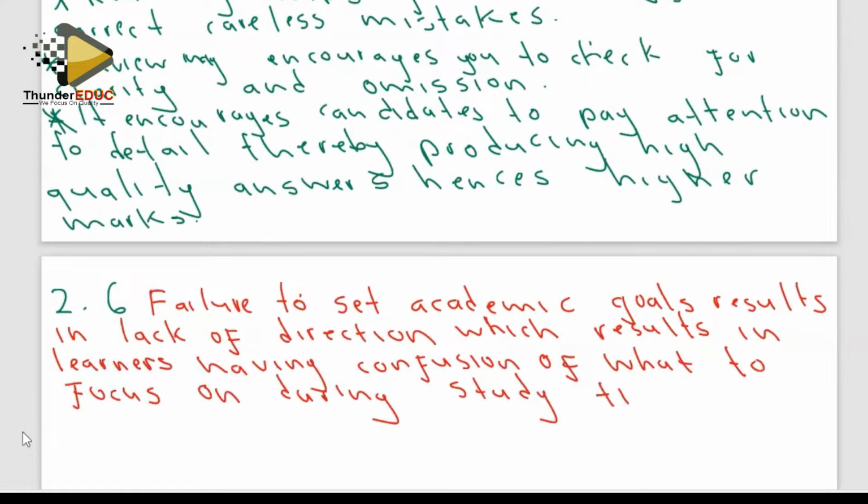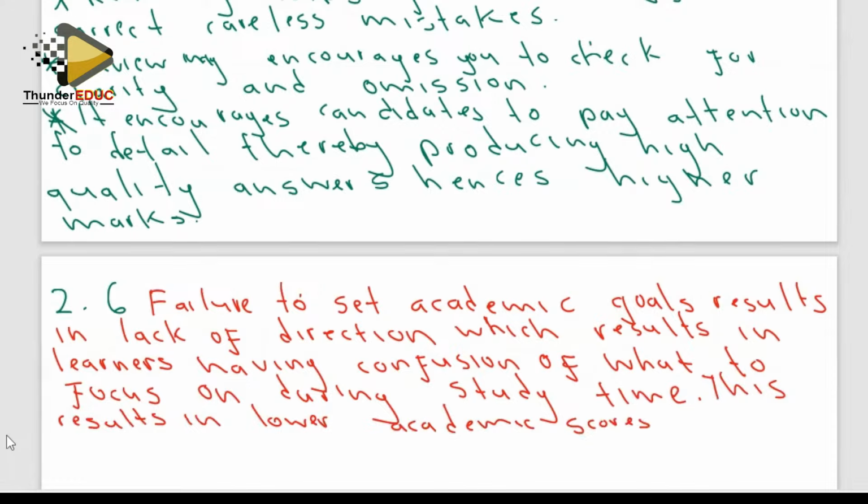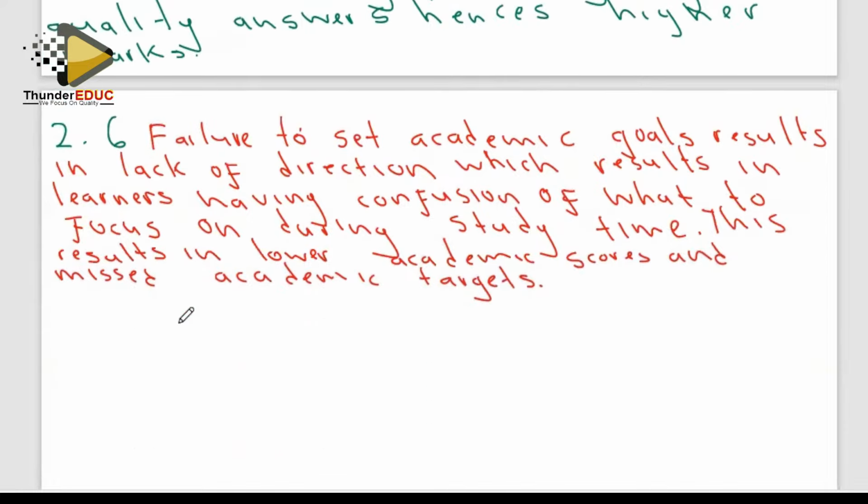So learners are all over, they don't really know what to focus on. So this is as a direct result of failure to set academic goals. So this results in lower academic grades. You can call them lower academic scores, and missed academic targets. So it is important for learners to set academic goals. They must set academic goals.